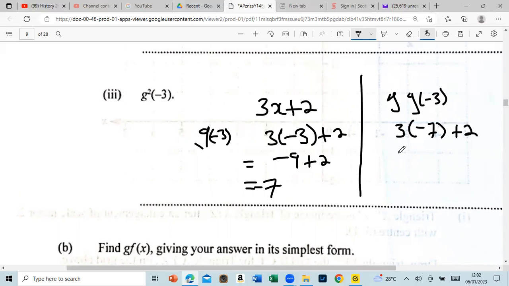So 3 sevens are 21, plus 2. So that works out to negative 19. So our answer would be negative 19.